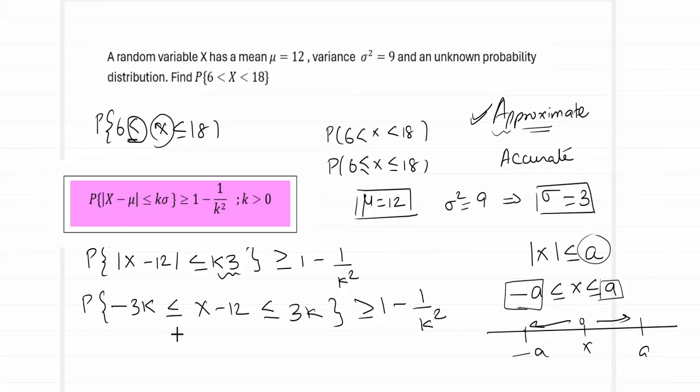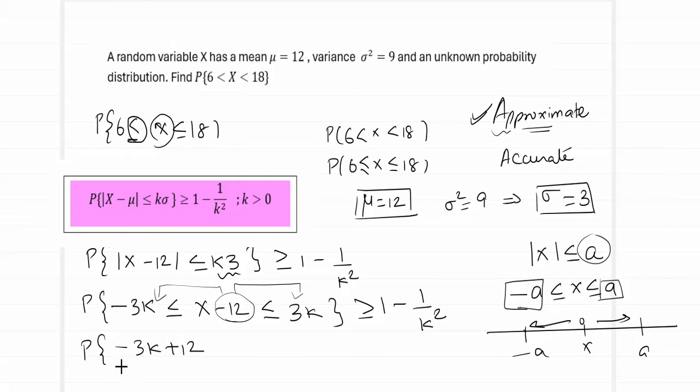Now the next target is to obtain the value of x. So the extras along with x have to be adjusted. How to adjust? This minus 12, which is the extra portion, can be balanced on both sides of the inequality by adding it on both sides. When this minus 12 moves to the opposite side, it becomes plus 12.